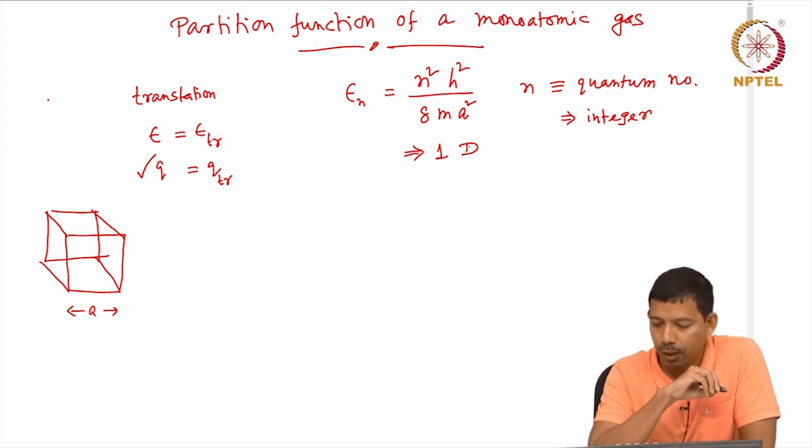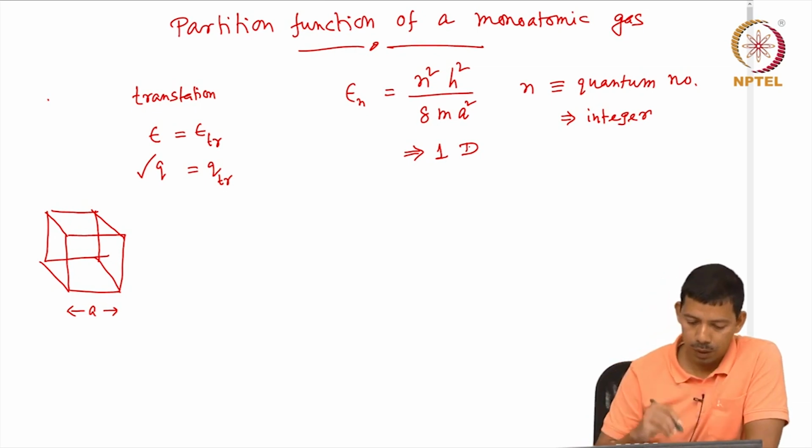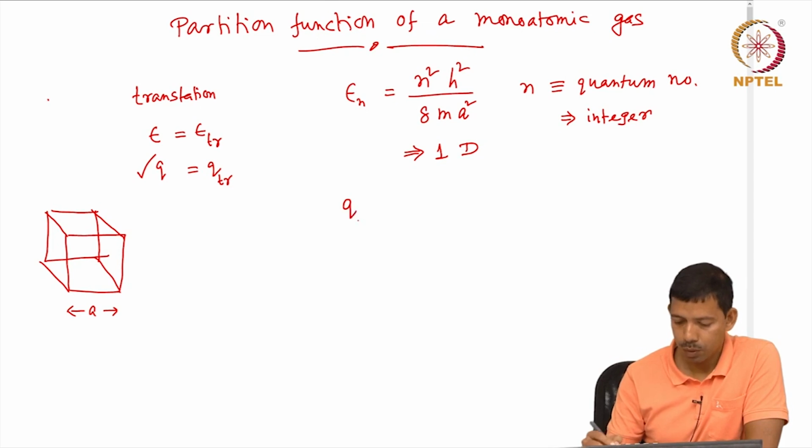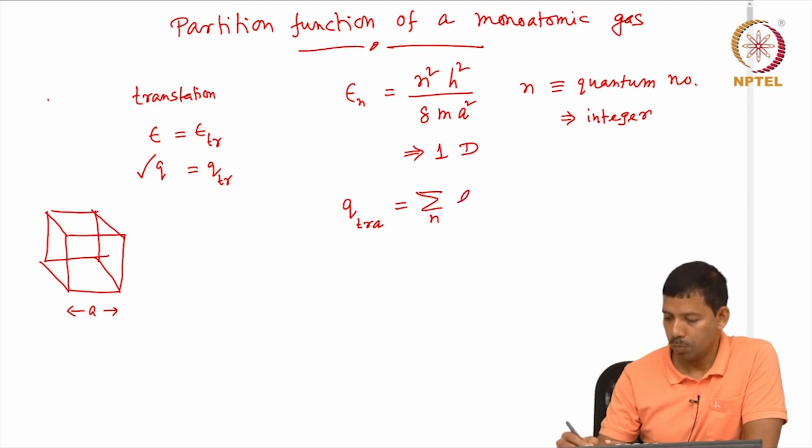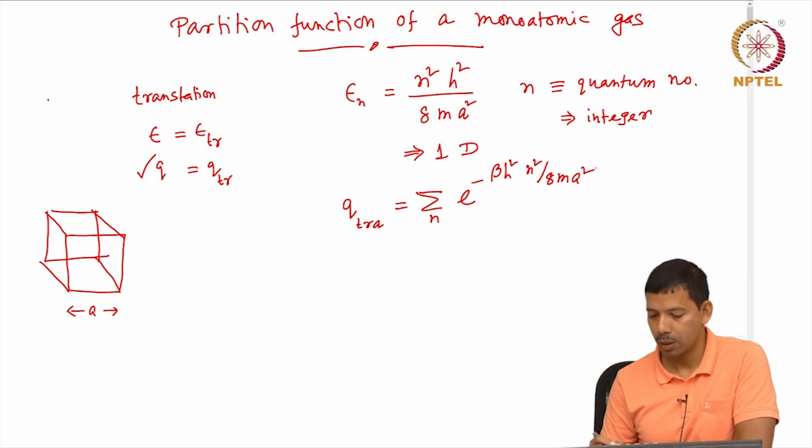Now, if we make use of that formula, our Q translational will be the sum over n of e to the power minus beta times h square n square by 8 m square, but this is in one dimension.